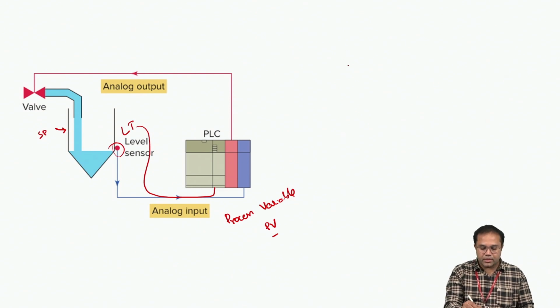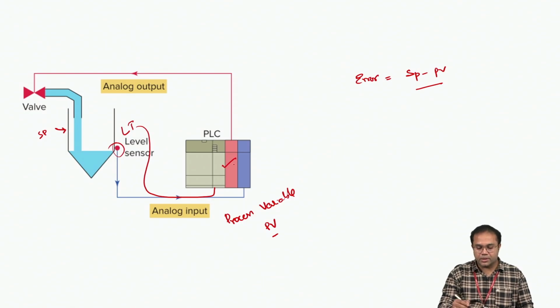Now the controller simply calculates the error. Error is nothing but SP minus PV, set point minus PV. Based on the error, the controller will take the action. If it is a positive error, positive action will be taken. If it is a negative error, negative action will be taken. Once the action is taken, the output is called the control output.